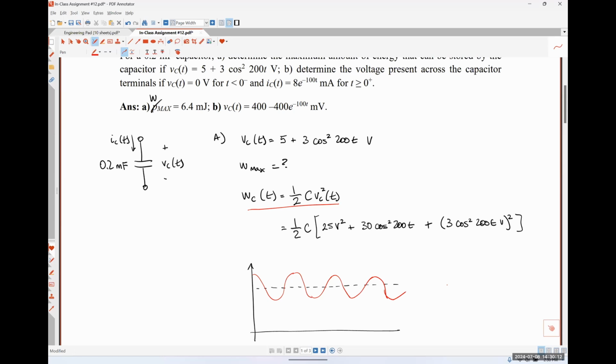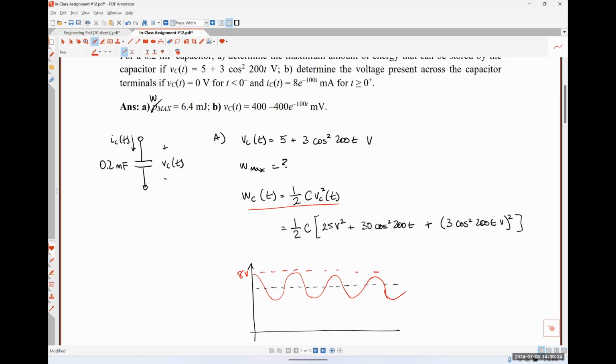So what would be the maximum value of 3 cosine squared? 3. Right. So what's the maximum value of 5 plus 3 cosine squared? 8. So this part right here corresponds to 8 volts.